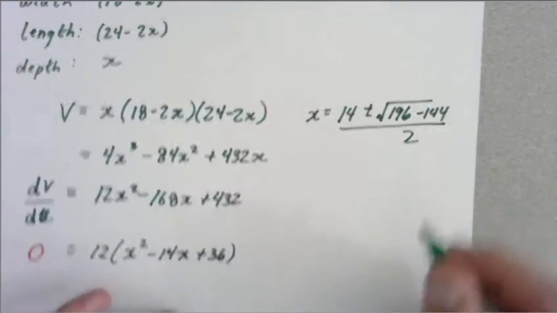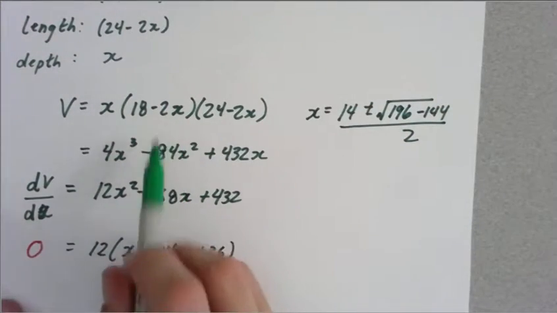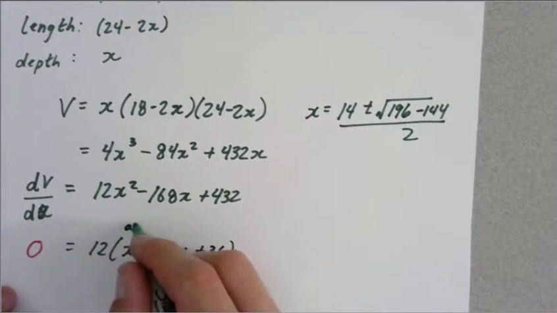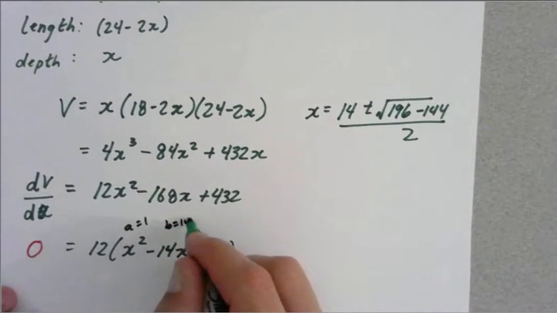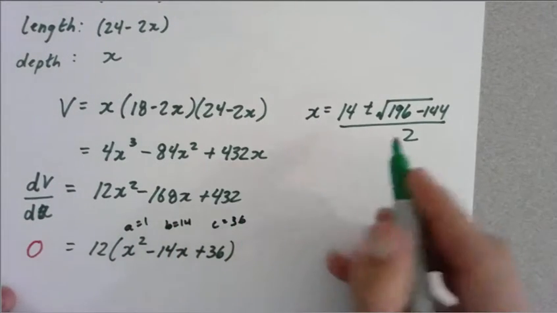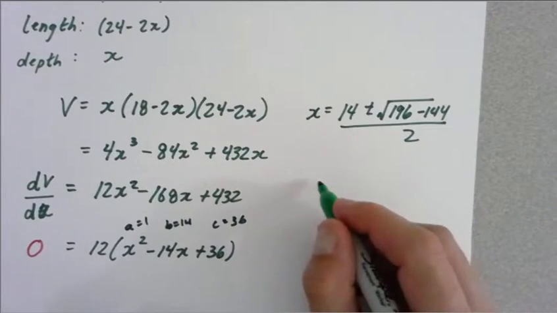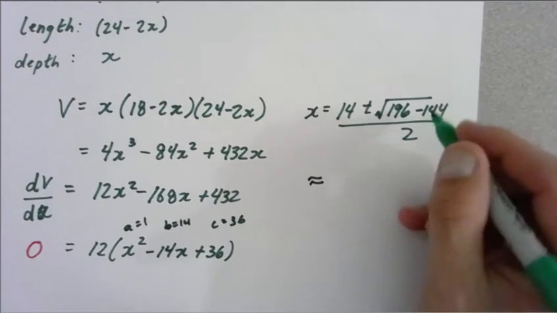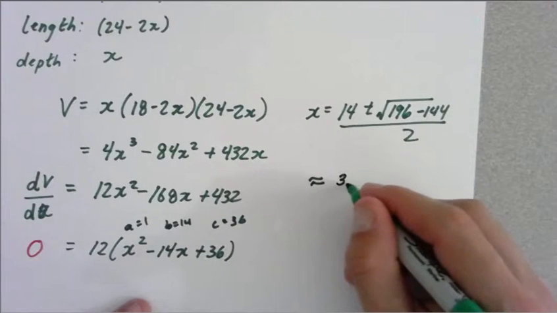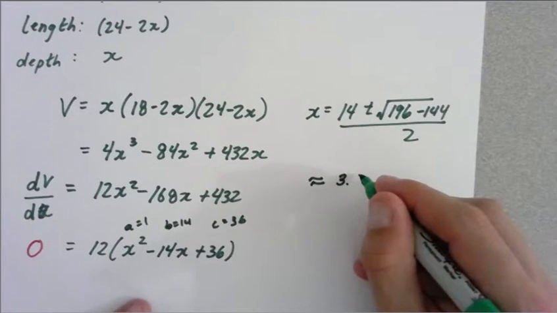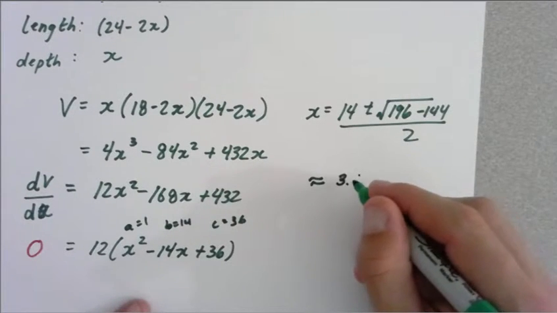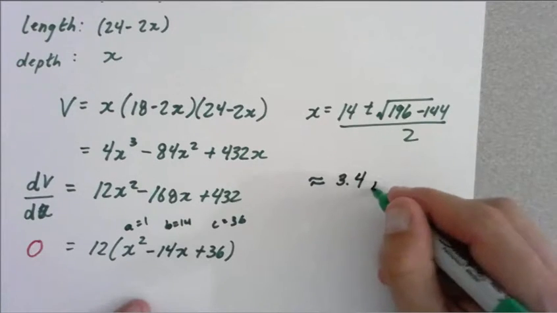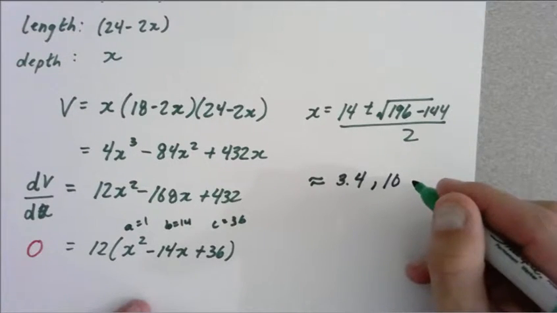I'm depending on you guys to know how to do that. This is your a equals 1, b equals 14, c equals 36, and you know that formula by now. When I simplify the math out, I get approximately 3.4 and 10.6.